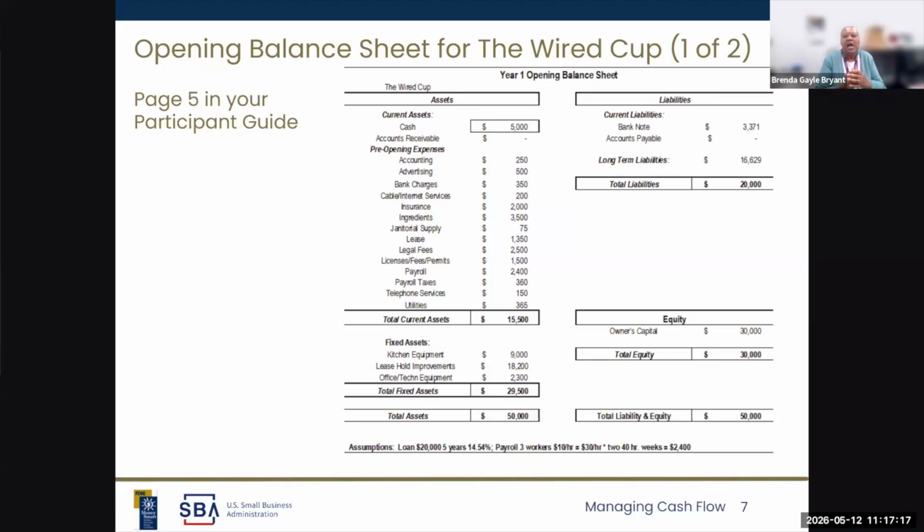If I say I would like to see your balance sheet as of last month, then I'm going to put in the last day of last month. Okay, so this is now May, so it would be April 30th, 2026. That balance sheet is going to take a snapshot of your business as of that day.